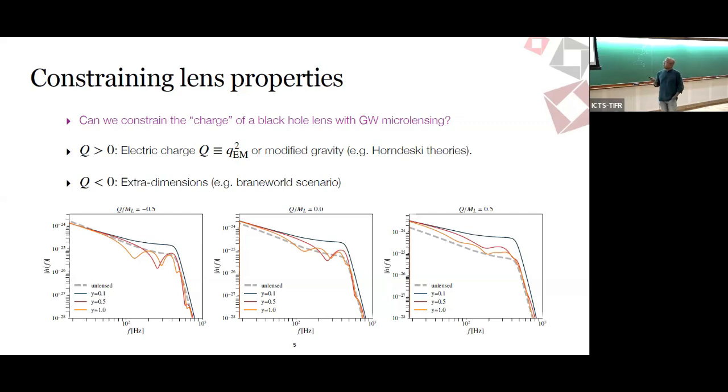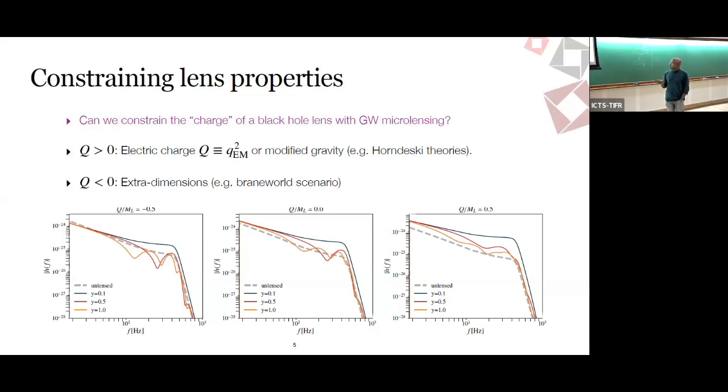Let's call this charge capital Q, and we're asking, can we constrain this charge through gravitational wave microlensing? Now you can interpret this capital Q as coming from an electromagnetic source, like the electromagnetic charge, or it could come from a modified gravity kind of theory if it is positive. However, if capital Q is negative, you could also interpret it as something coming from extra dimensional theories.